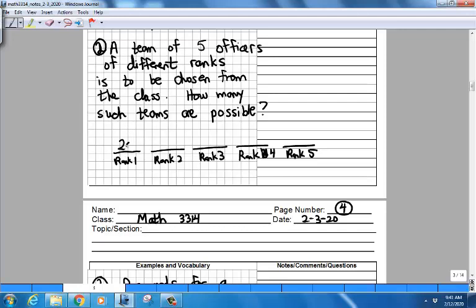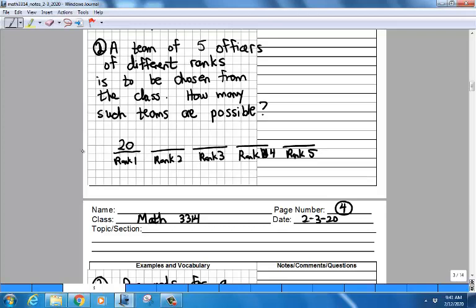So you see, there's the first branching point in your algorithm. You have to pick the person for rank 1, and you've got 20 ways of making that choice. Now, this is really important, because what are you going to do next? You're going to pick another person.